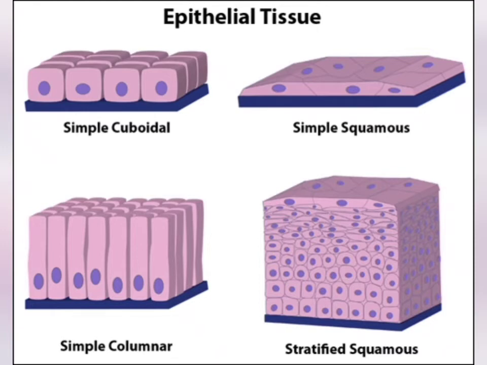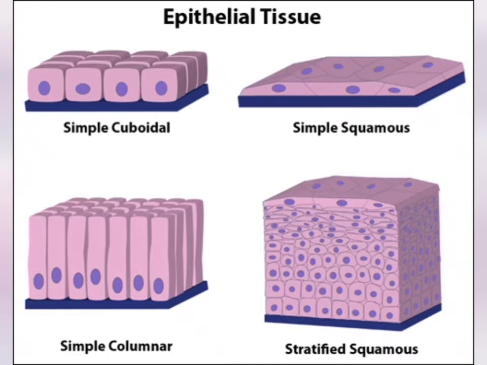Okay, whereas in case of stratified squamous, you can see different structures, different cells which are flat in shape and arranged in more than one layer. So this is the stratified squamous epithelium.